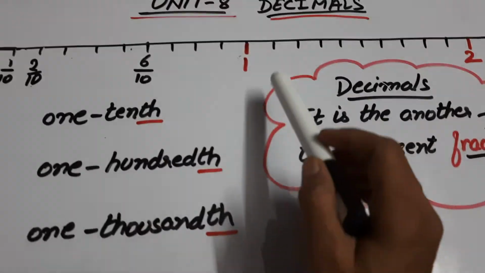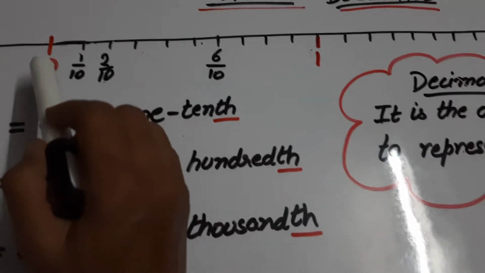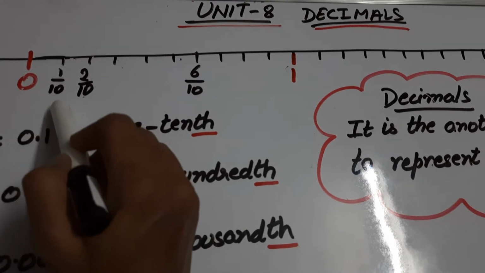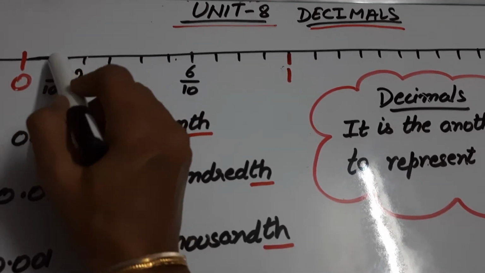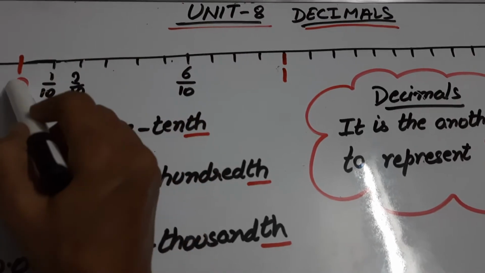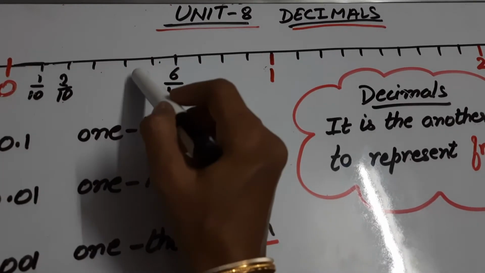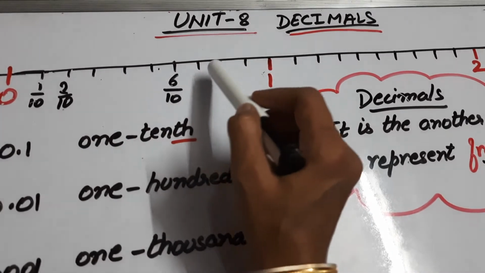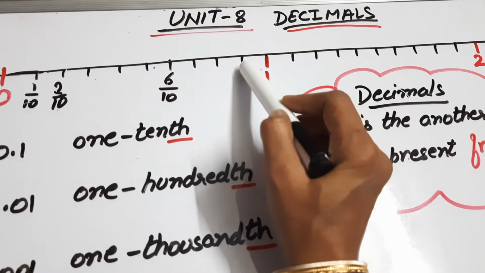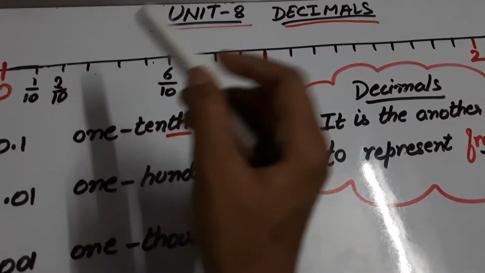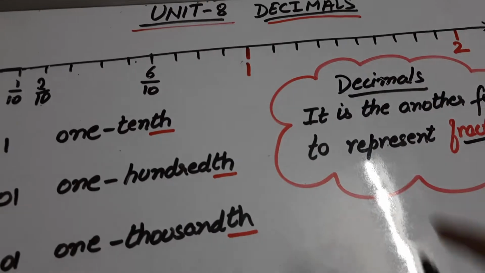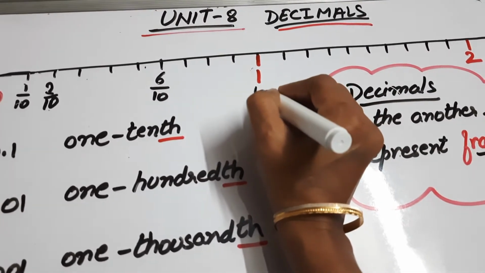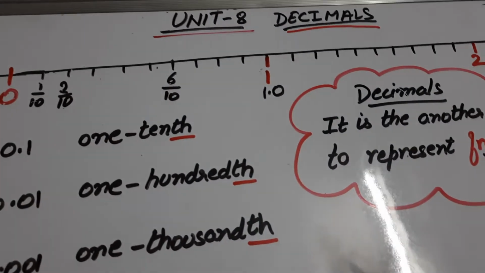Similarly, if I want to call it a decimal number, I can call it 0.1, 0.2, 0.3, 0.4, 0.5, 0.6, 0.7, 0.8, 0.9, and 0.10 does not exist, so it becomes 1.0. Means if I want to represent this as a decimal number, I will convert it to 1.0, right?